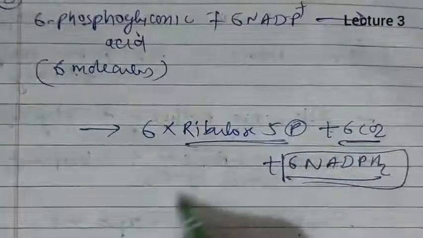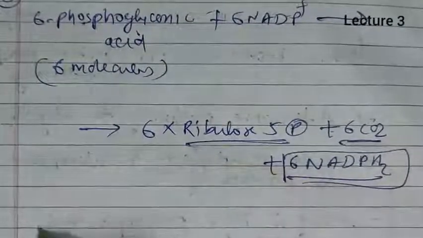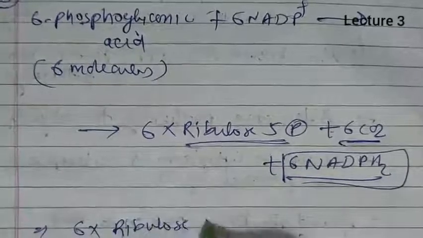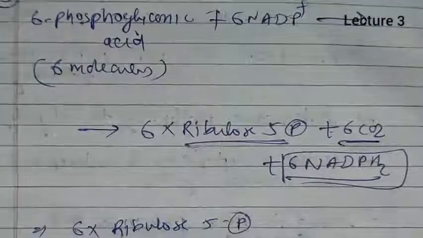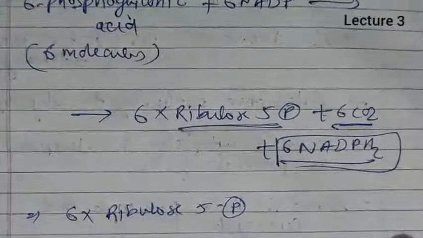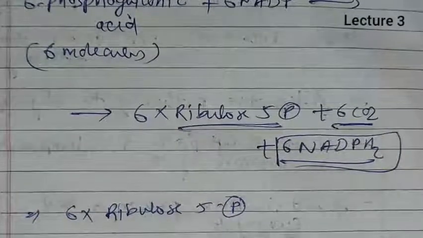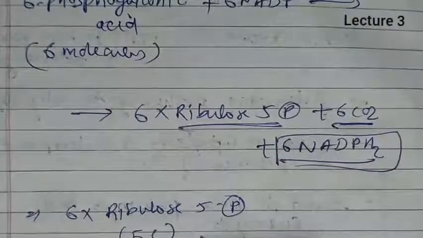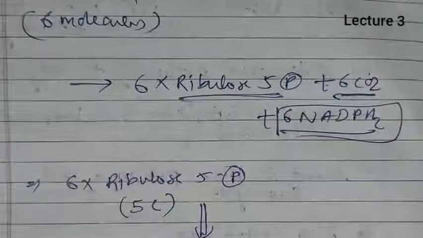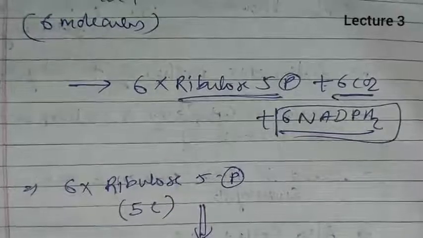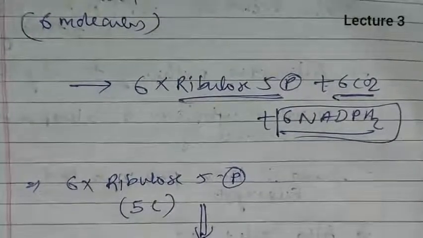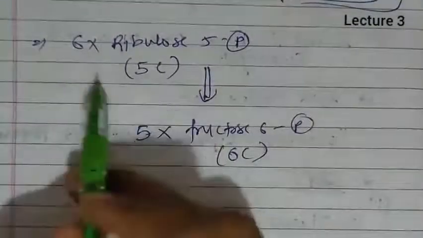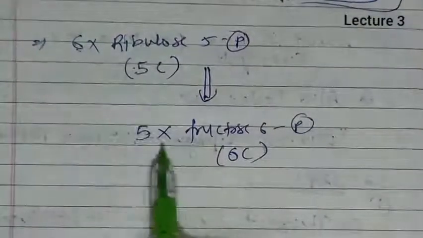This 6 molecules of ribulose 5-phosphate, which is a 5-carbon compound, get converted into 5 molecules of fructose 6-phosphate, a 6-carbon compound. Total carbon will be the same. Here 6 into 5 is 30 carbon, here also 5 into 6 is 30 carbon.